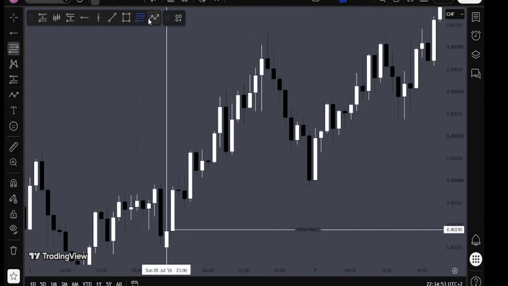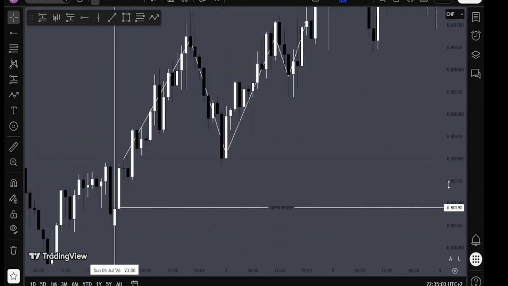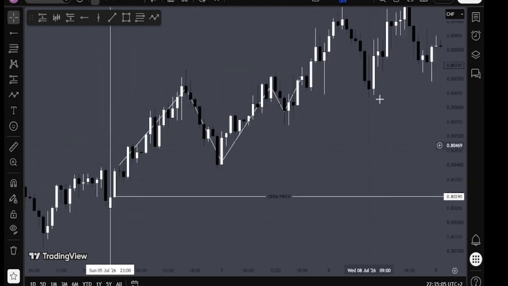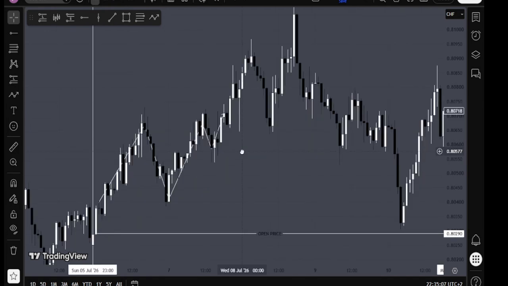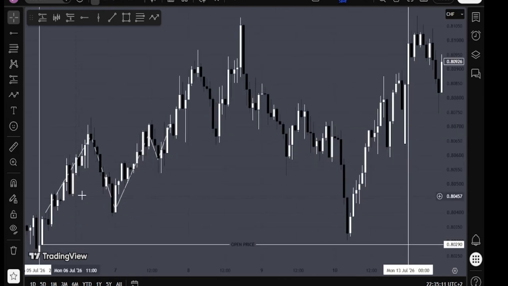So when it opens and pushes up, it's above opening price, and we're going to be looking for a sell, a bearish point of interest. It pushed up from Monday, Tuesday, Wednesday.